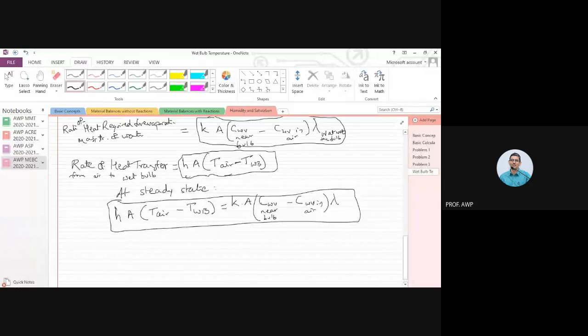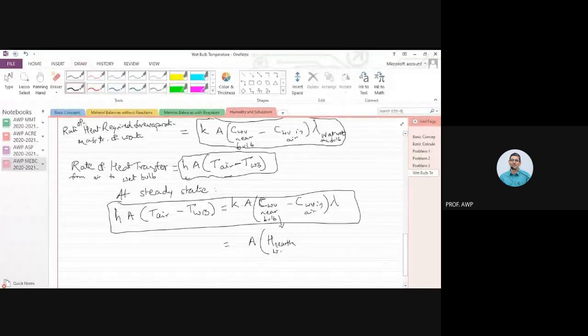Rather than talking about concentration of the water vapor near the bulb, can I simply say humidity near the wet bulb?